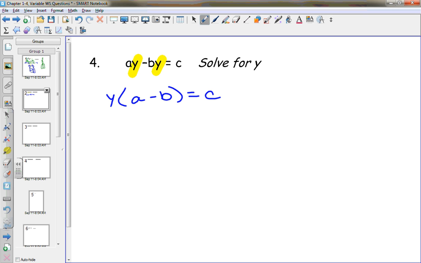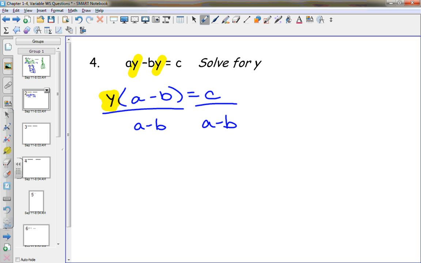Now, what am I solving for? Solving for y. What's attached to it? A minus B. So how do I get rid of it? You divide by A minus B on both sides. Now, I'm going to be very, very picky on this. That A is attached to that B by what operation? Subtraction. I refer to this as the head and the body.